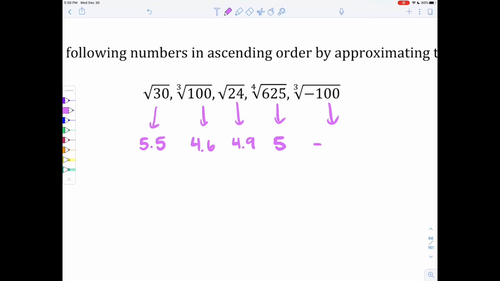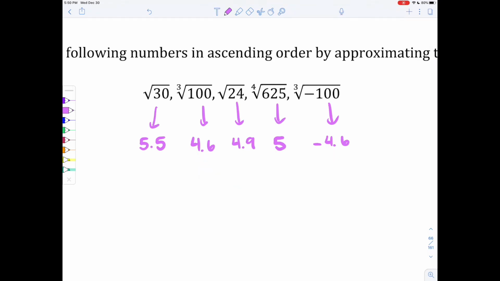Because if I'm looking at a number that is multiplied by itself 3 times to give me a negative, a negative times a negative times a negative will give me that negative value. So I get negative 4.6, the same thing as positive 4.6 except with a negative sign.